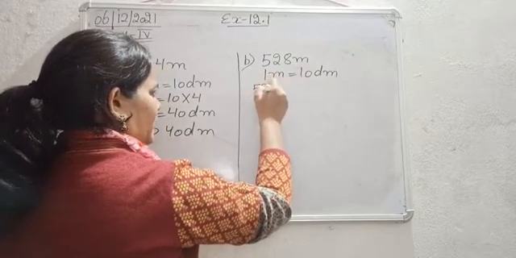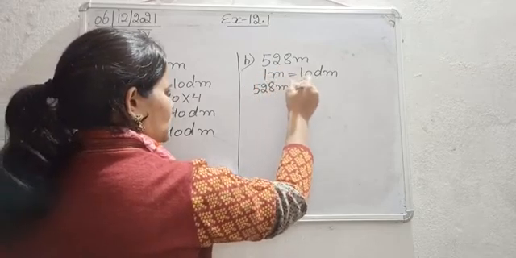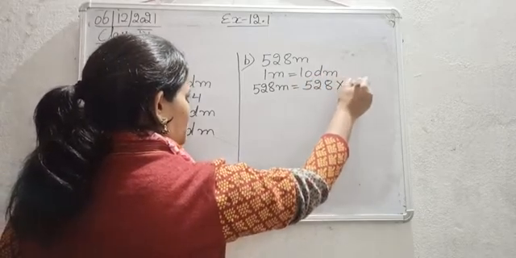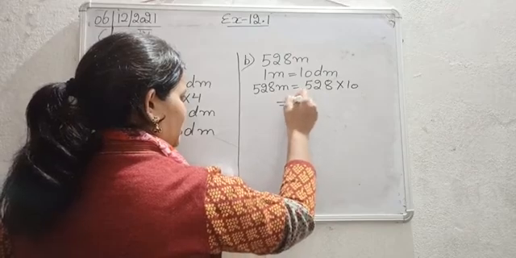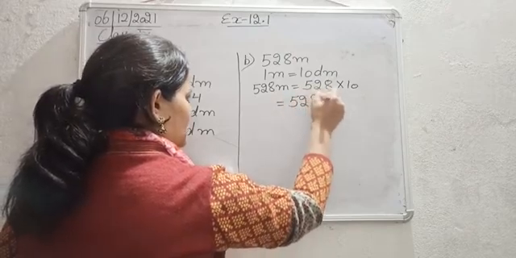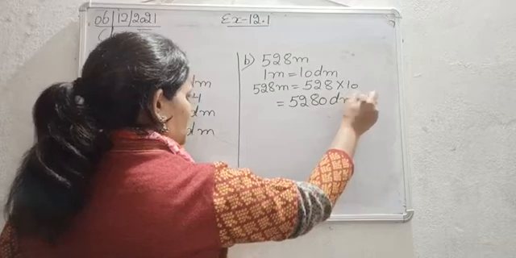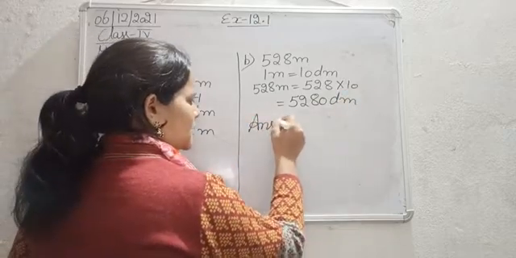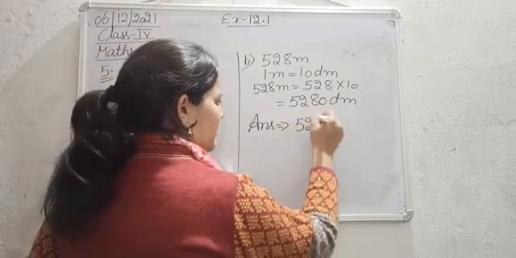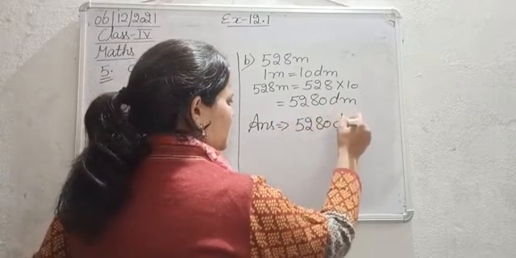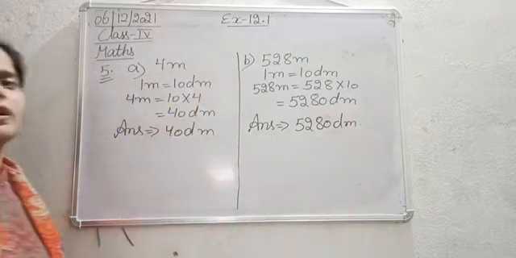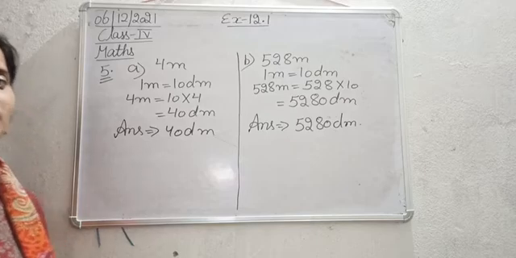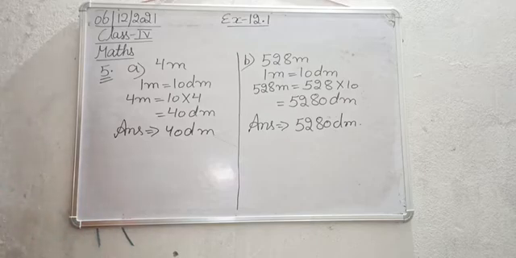So 528 meter is equal to 528 into 10, that is 5280 decimeter. So the answer is 5280 decimeter. Okay, so this is the solution of the A and the B part of question number 5. You can pause it here and note it down in your notebooks.